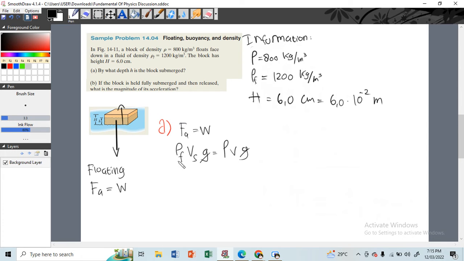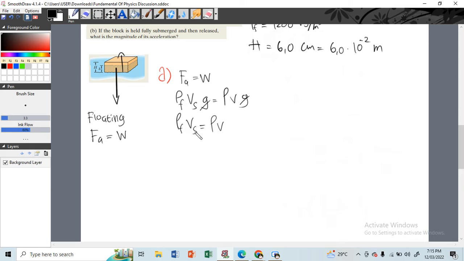We could erase g from this equation, so we get rho f times Vs equal to rho times V. How do we find h in this equation? The total volume is the same as the area of this block times its height, the total height of the block, which is big H.